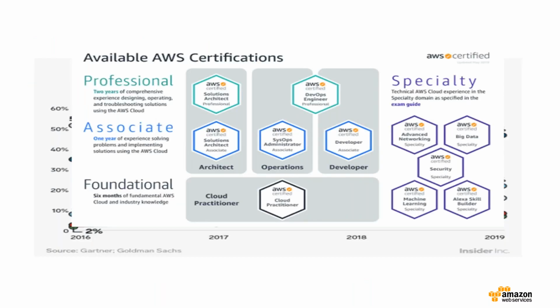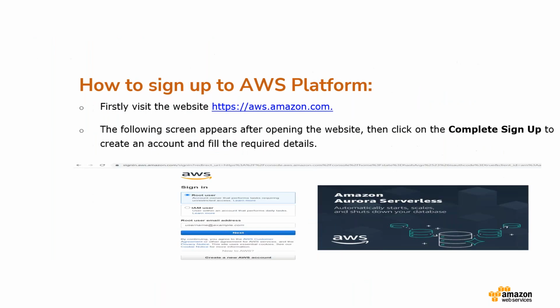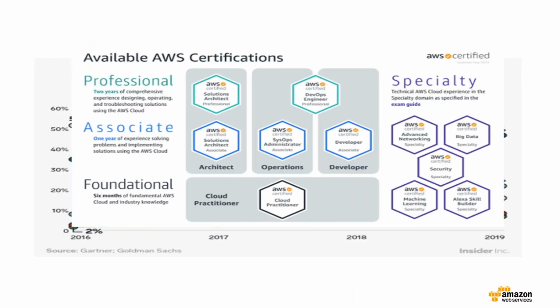Okay, so these are about AZs. Now come to the certifications. As I said, we have three types of certifications. A few minutes back I said the first one is foundational, the second is associate, and the third one is professional.